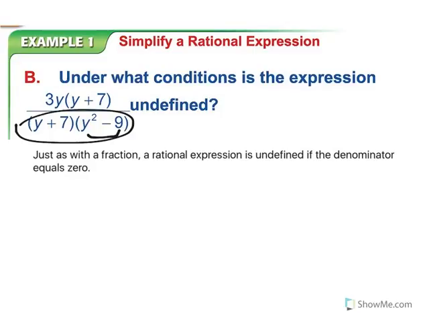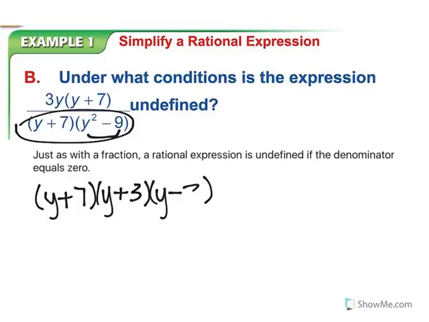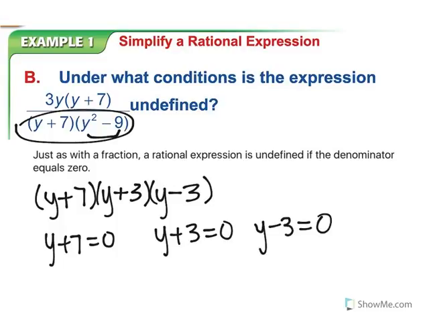Alright, so the next step, we need to take our denominator and fully factor it. The y squared minus 9 is the difference of squares. We have y plus 7. And for the difference of squares, we write our variable, our plus, our minus, and the square root of 9 is 3, so we have 3 and 3. If we set each of those factors equal to 0, so y plus 7 equals 0, y plus 3 equals 0, and y minus 3 equals 0, and we solve for y in each case, we subtract 7, we get y equals negative 7.